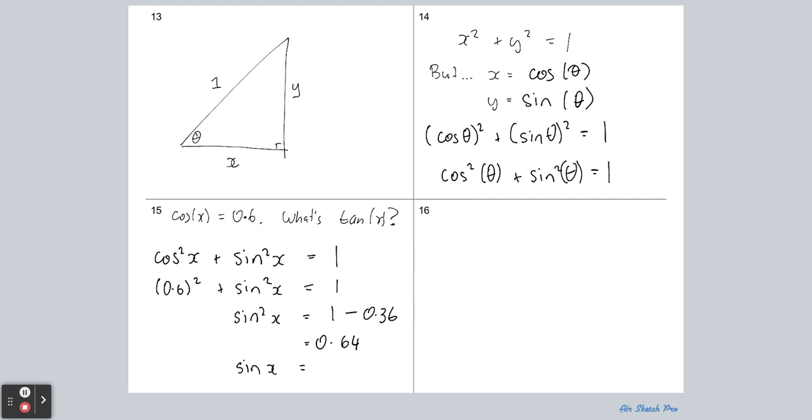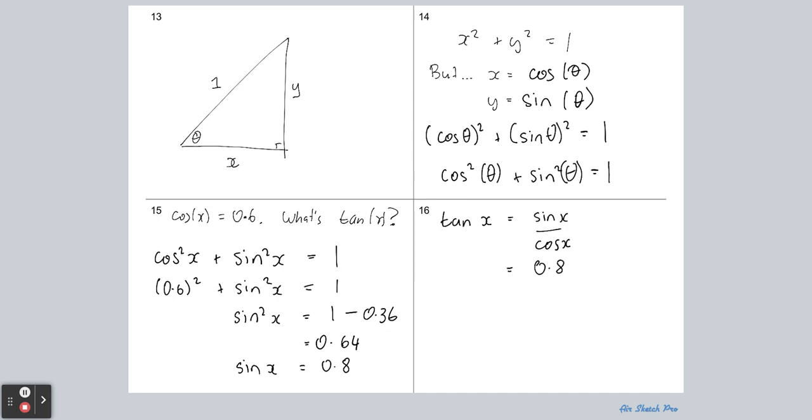So it's going to be 0.8. So 0.8 times 0.8 would be 0.64. Okay, so there's the solution there. Is it? No, because I've worked out sine x, but I haven't worked out tan x yet. But I can now use this particular relationship in order to finish off the problem.